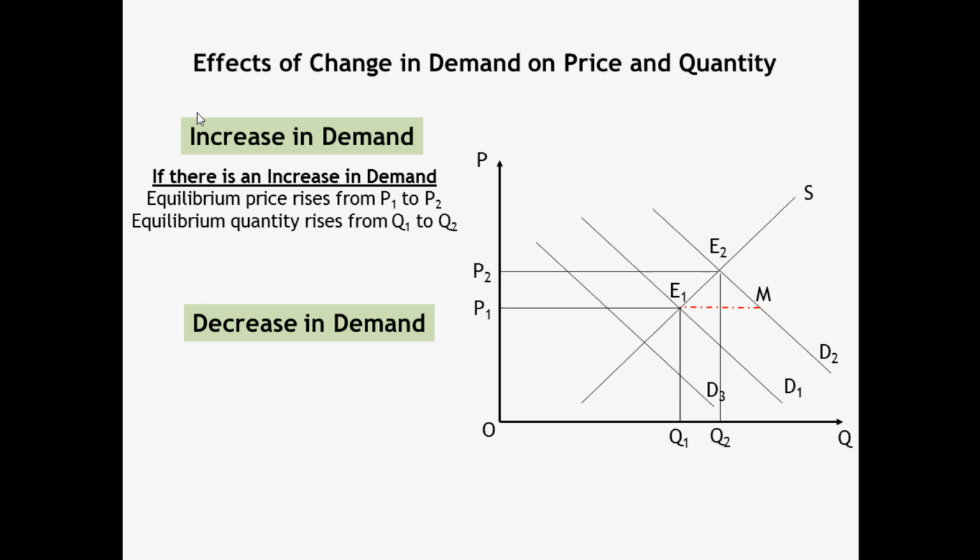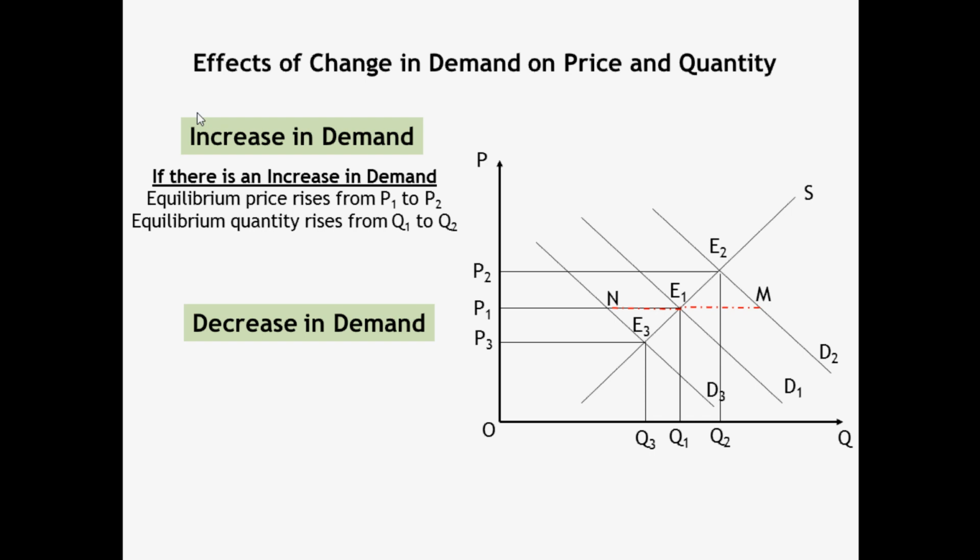Now, if we observe carefully, we find that at P1 price, there is a surplus by the amount E1N. Due to the surplus by the amount E1N, price tends to fall. And the fall in price continues until the surplus abolishes and we move to a new equilibrium point E3, where the market is clear at OP3 price and quantity is OQ3.